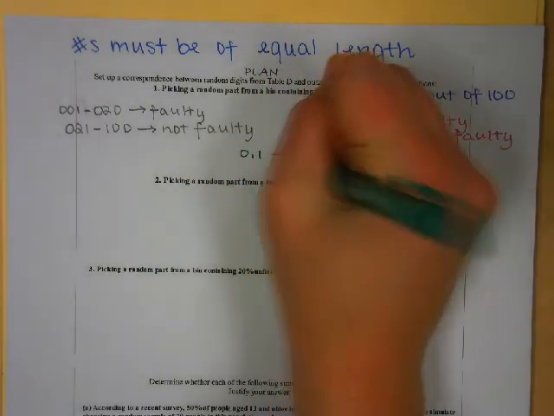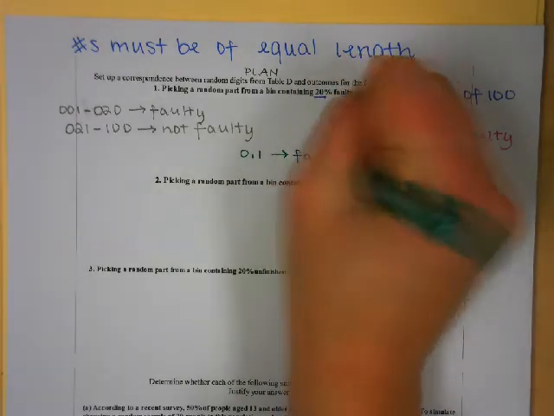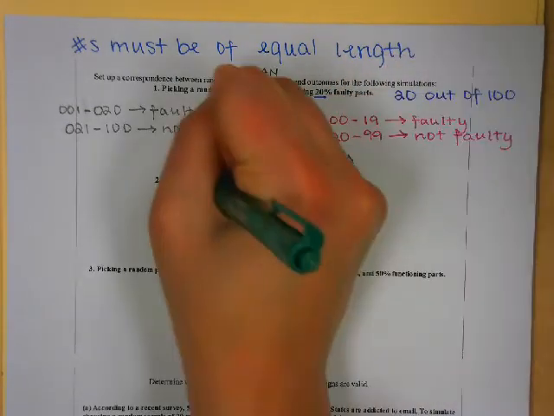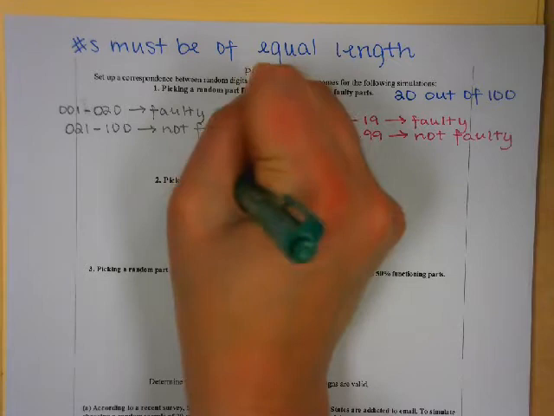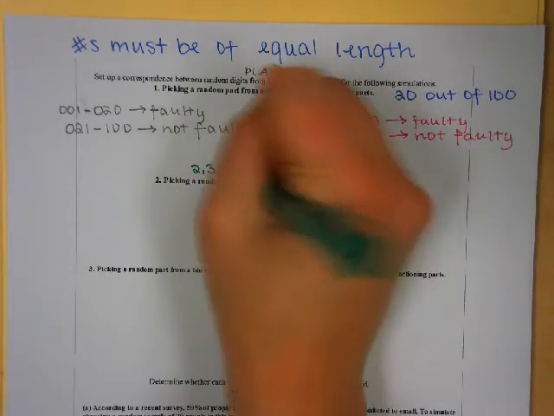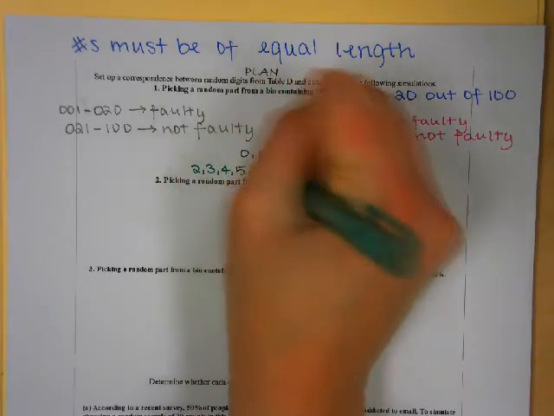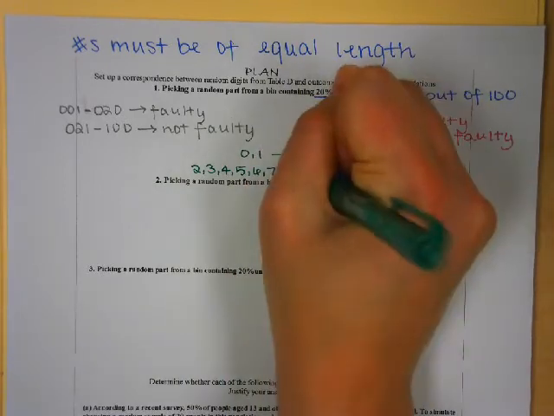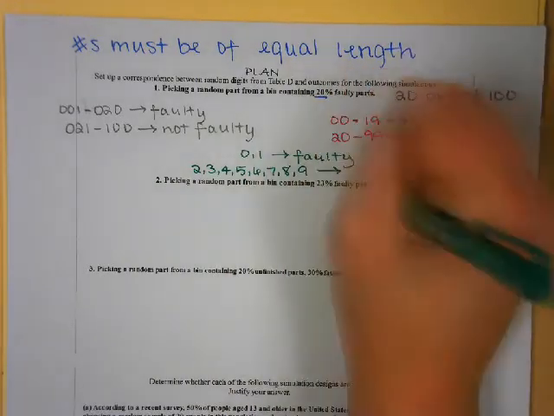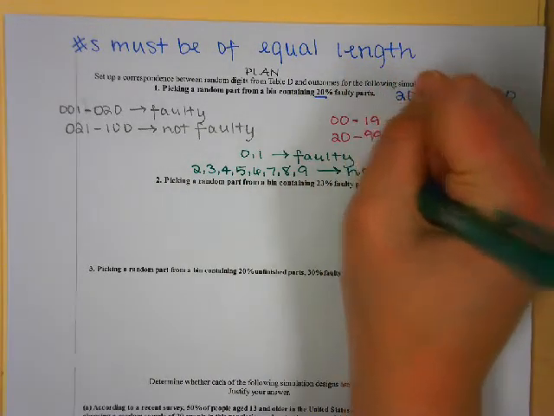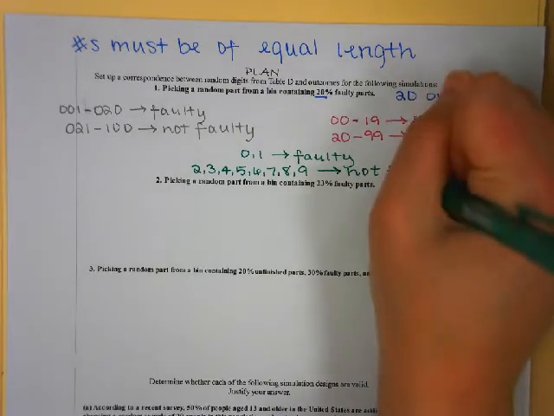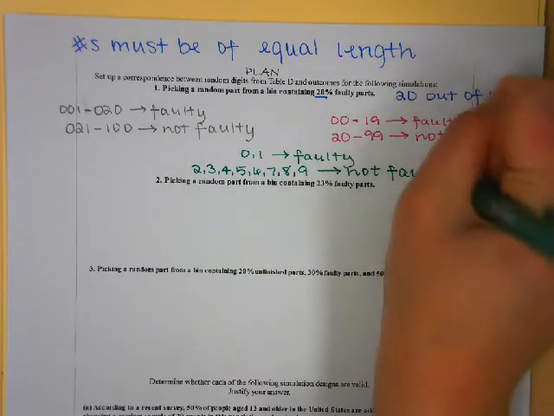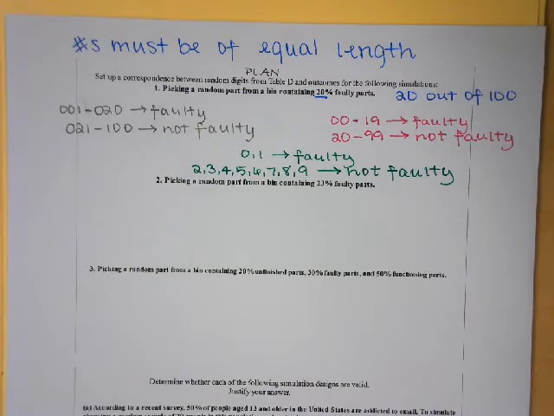So I would do 0 and 1 as faulty, and then 2, 3, 4, 5, 6, 7, 8, 9. I suppose I could have put 2 through 9 there. Sorry, not faulty.